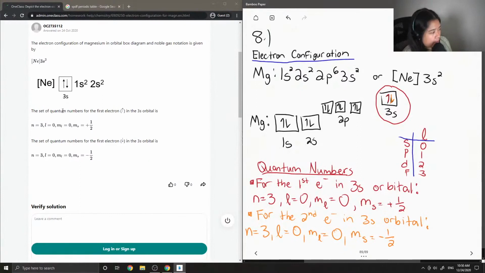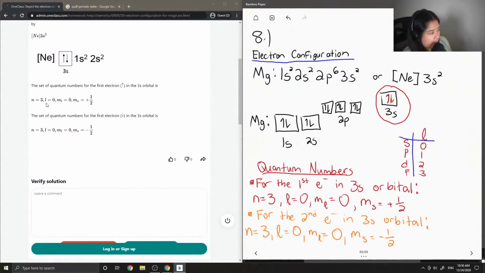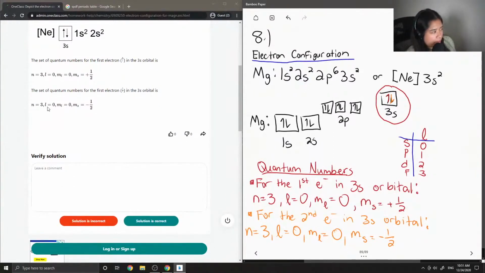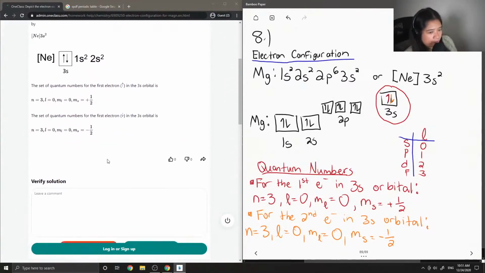So the set of quantum numbers for the first electron pointing up in the 3s orbital is n equals 3, l equals 0, ml is equal to 0, ms is equal to plus half. The set of quantum numbers for the electron pointing downwards in the 3s orbital is n equals 3, l equals 0, ml is equal to 0, and ms is negative half.